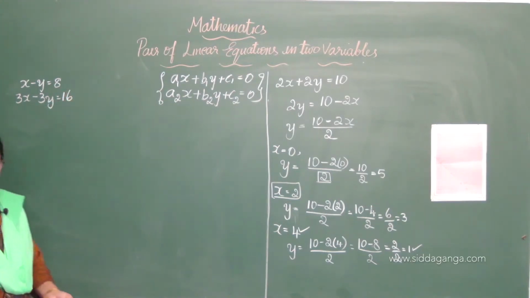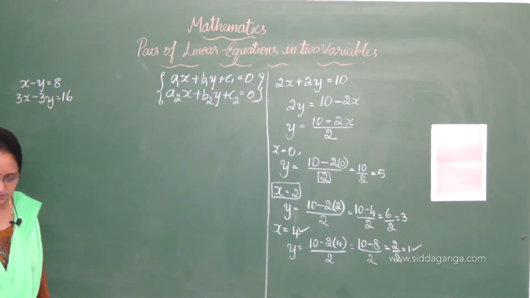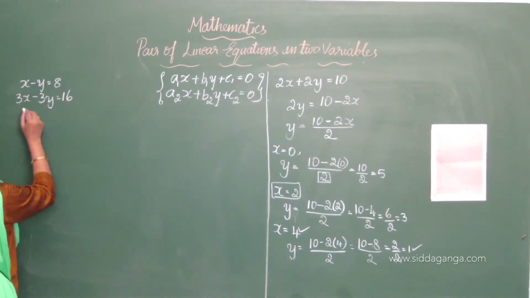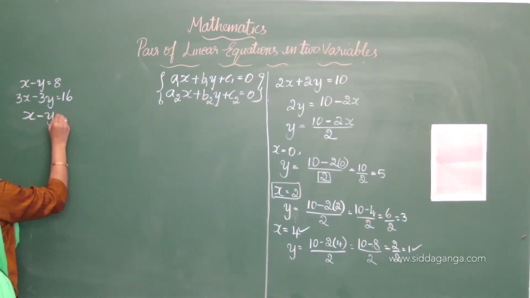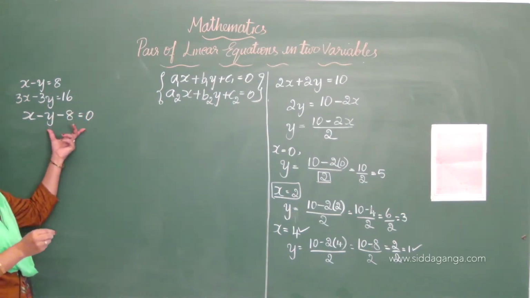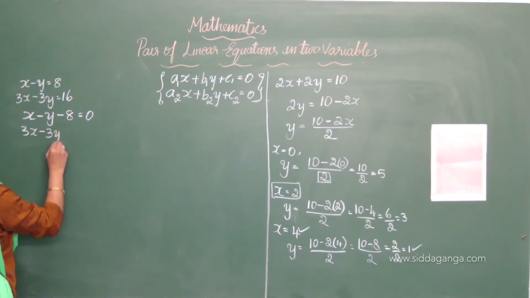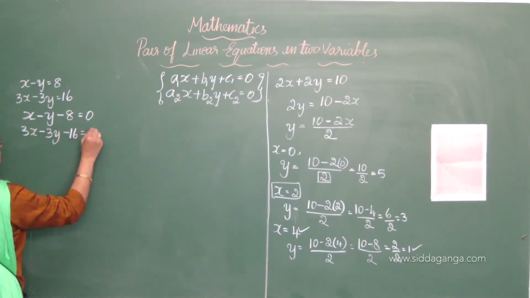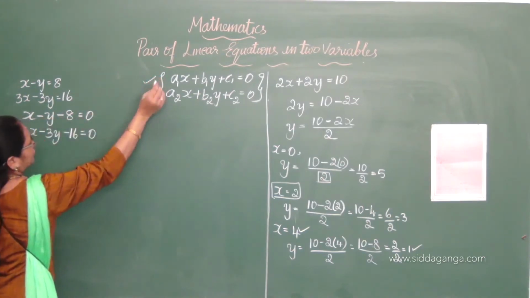Let us find out whether it is consistent or inconsistent. Before that, put it in the standard form: 3x minus 3y minus 16 is equal to 0. Now compare this with the general form.